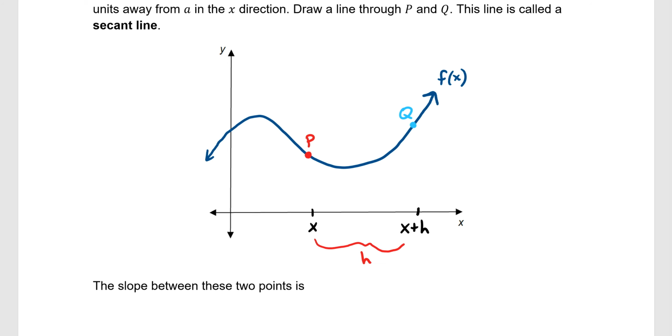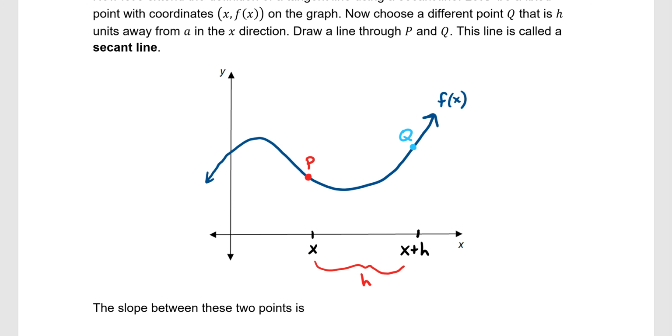We just let it be some distance to the right, h. Okay, so if we go ahead and connect these points just like this, this line that's crossing through both of these points is called a secant line. So a secant is a line that's cutting through 2 points.